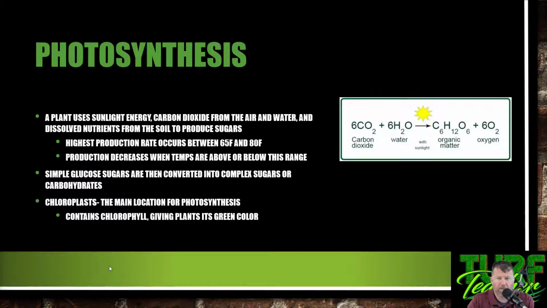So the plants are producing their own food through photosynthesis. Simple glucose sugars are then converted into complex sugars or carbohydrates. The chloroplast is the main location for photosynthesis. It contains chlorophyll, which gives the plant its green color. And plants lacking that chlorophyll are going to lose that vigorous green color.